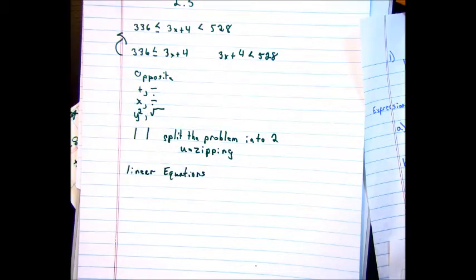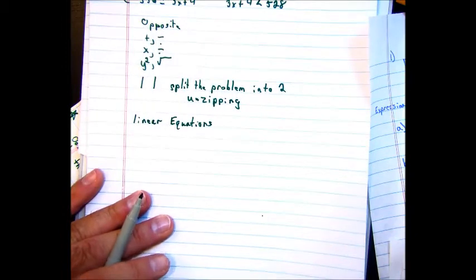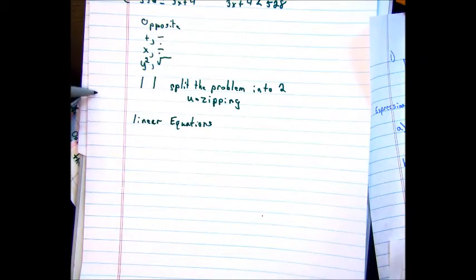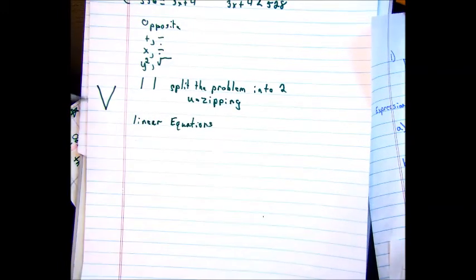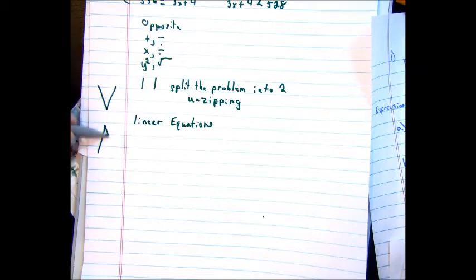And linear equations that have absolute values, we know when we graph them, they look like this. They look like the letter V. And the direction this V goes in determines whether the number in front of x is positive or the number in front of x is negative.